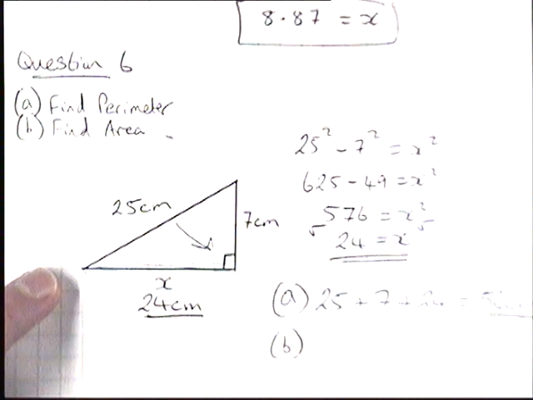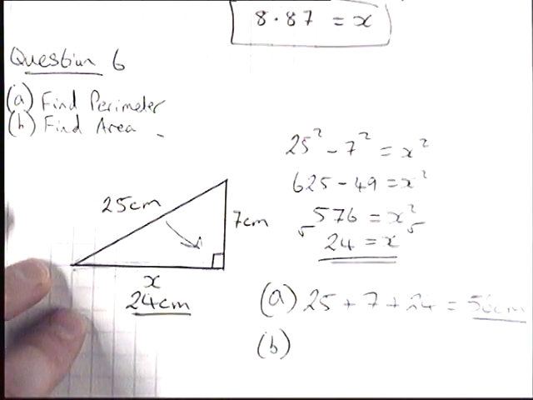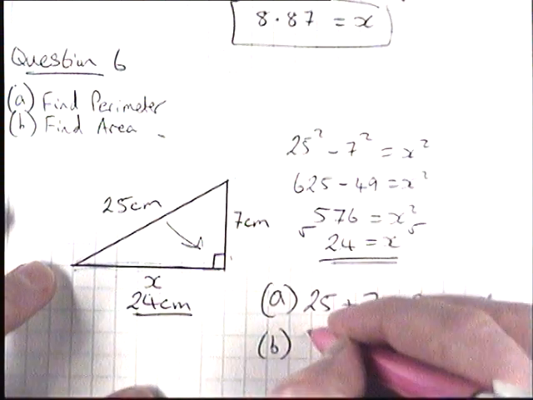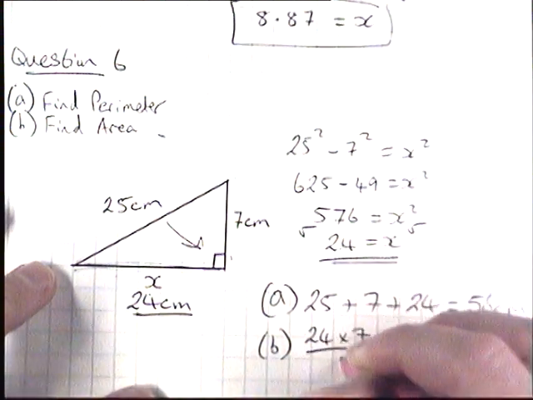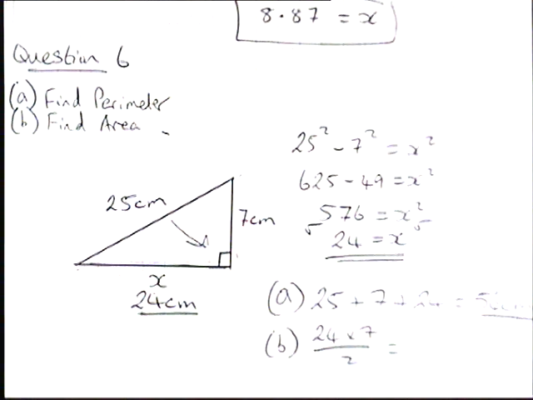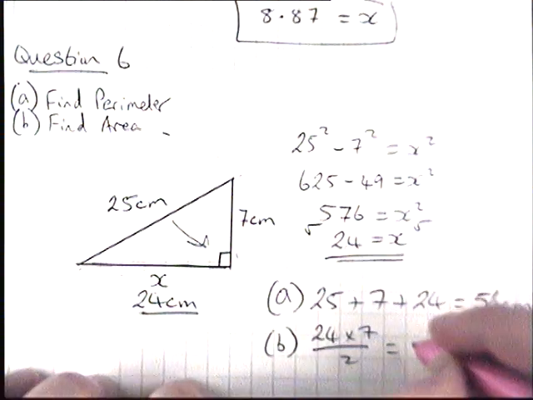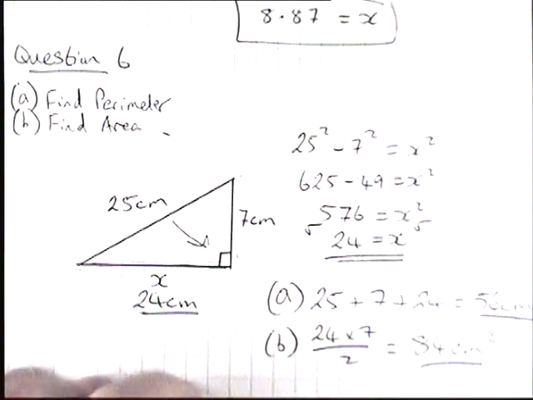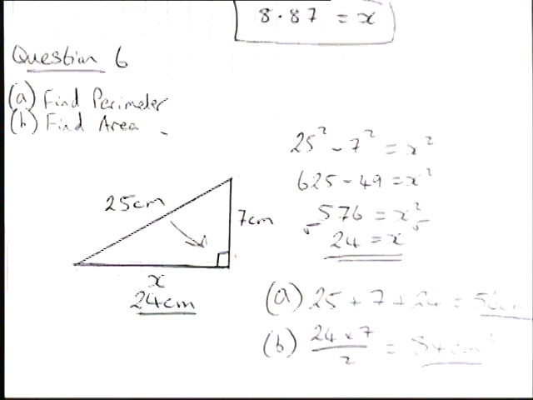And for the area, we need to do the base times the height divided by 2. So we've got 24 times 7 divided by 2, which is 84. And don't forget your centimeters squared as well.